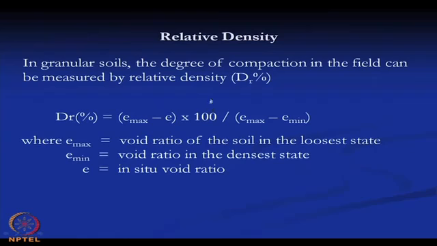The next one is the relative density of the soil. In a granular soil, the degree of compaction in the field can be measured by relative density RD in percentage. So, relative density can be expressed as (E max minus E natural) divided by (E max minus E min) into 100, because it is expressed in percentage, where E max is the void ratio of the soil in the loose state, E min is the void ratio in the dense state, and E is the in situ or natural void ratio.